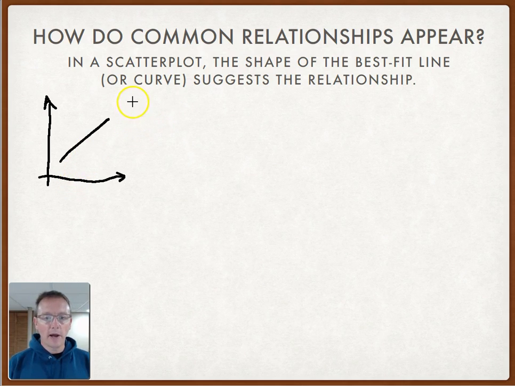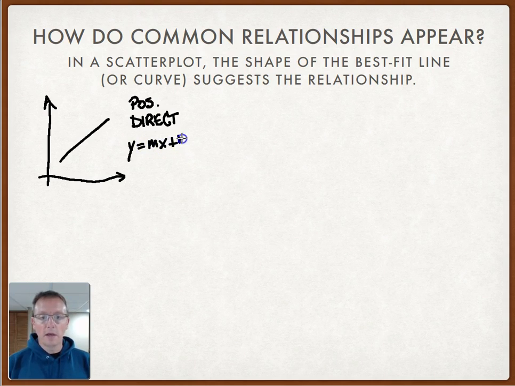So I'm going to call it positive direct, because the two variables are directly related. They have a linear relationship. And as you saw before, the relationship here is y equals mx plus b, when m is positive.